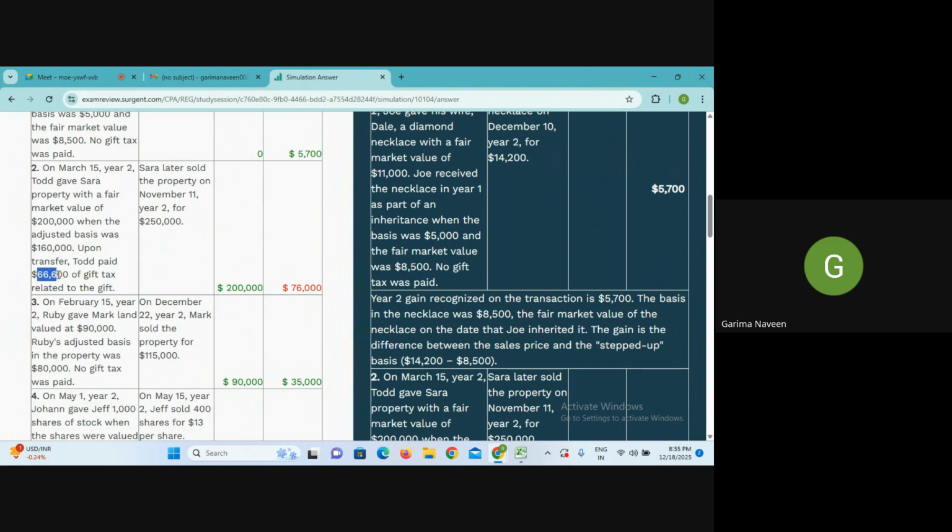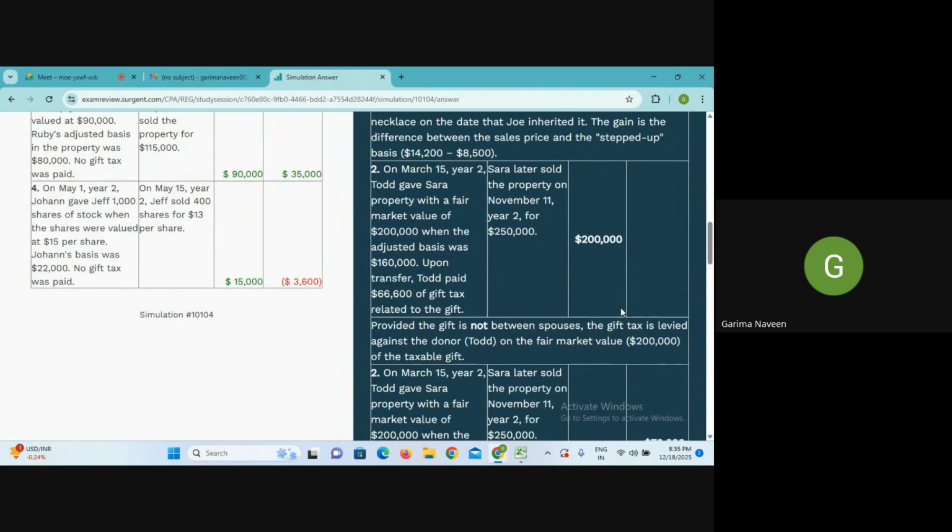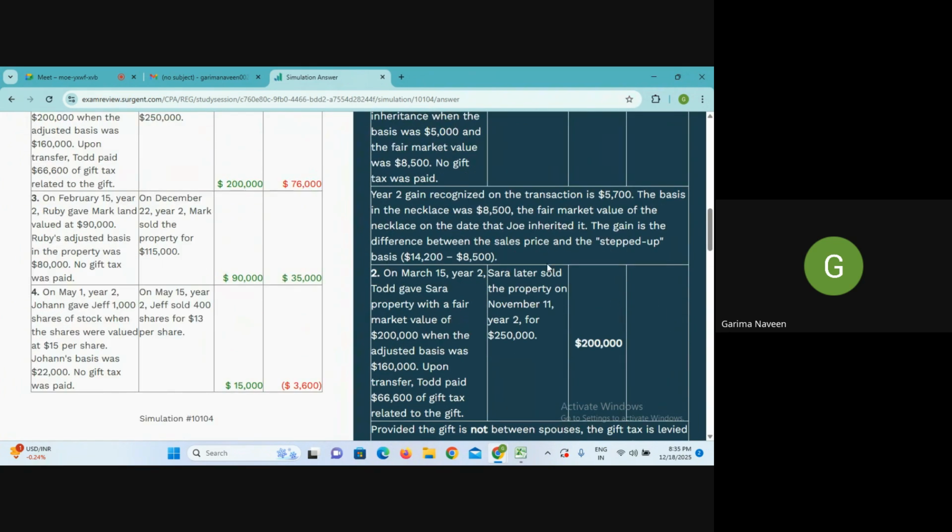So you will proportion the total gift taxes related to the appreciation. What is the appreciation? 200 minus 160, which gives $40,000 of appreciation. So how will you proportion these gift taxes? 40,000 will be divided by 200,000.